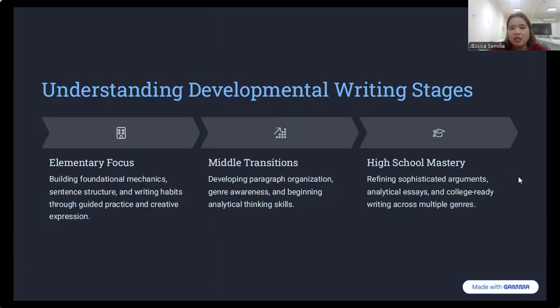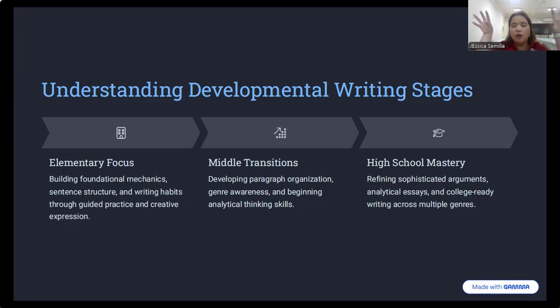So how are we going to understand the development writing stages? We need to understand first what the basics are before the transition to developing paragraphs under the middle transition, and then go into critical analysis or critic essays and college-ready writing across multiple genres.